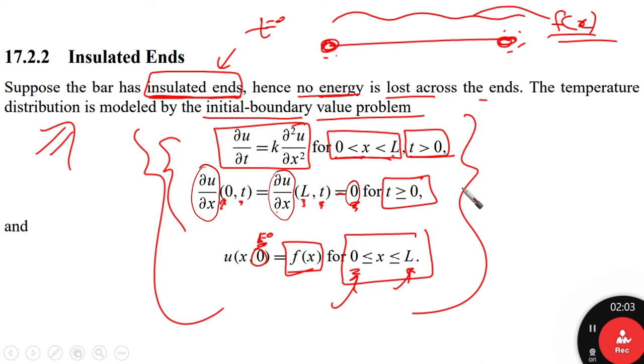So we need to solve our heat equation based on these boundary and initial conditions.